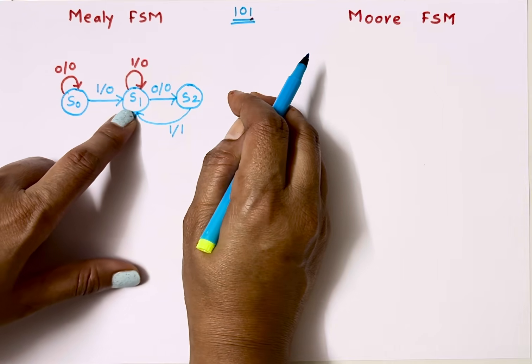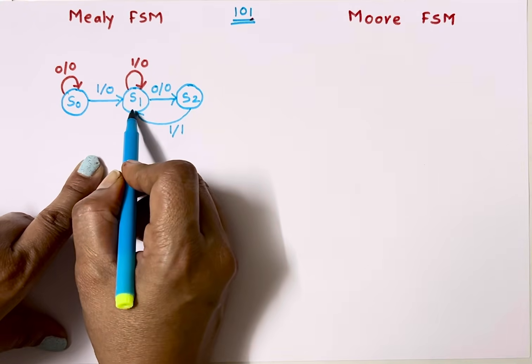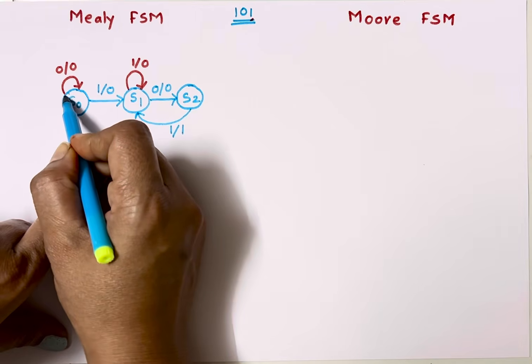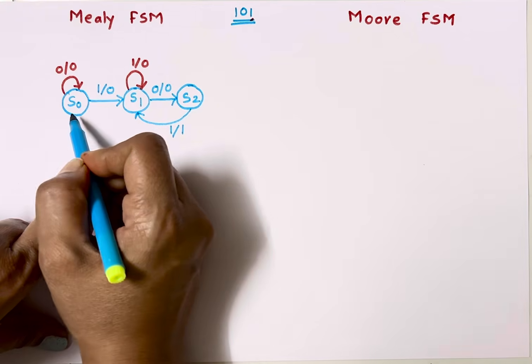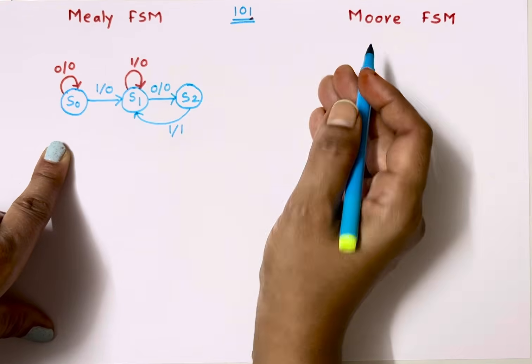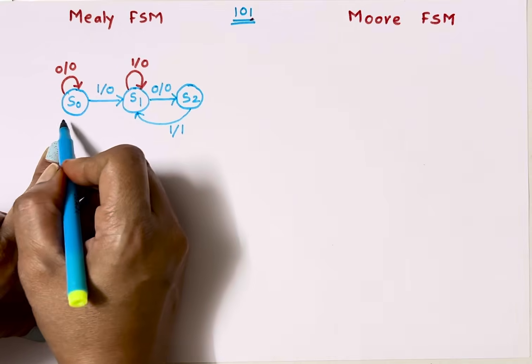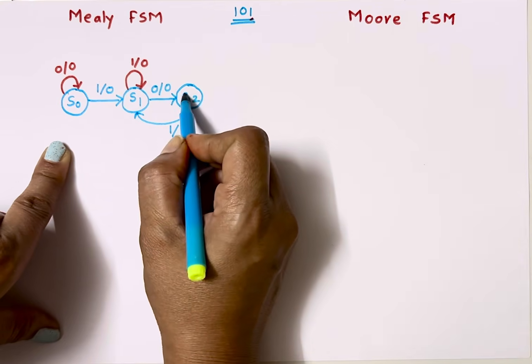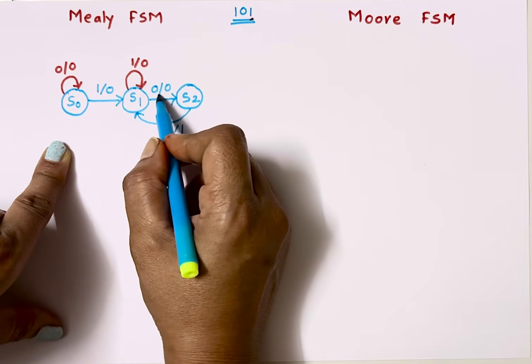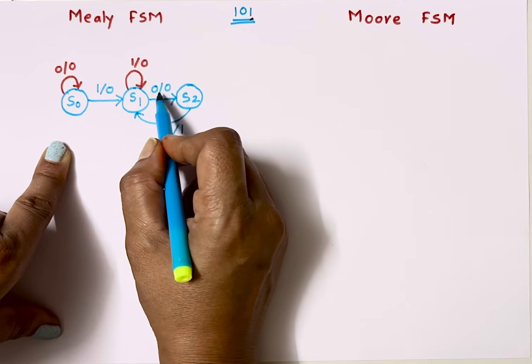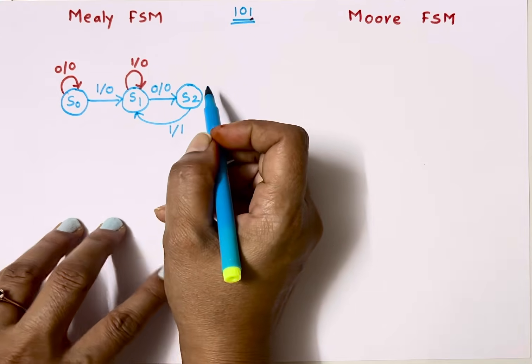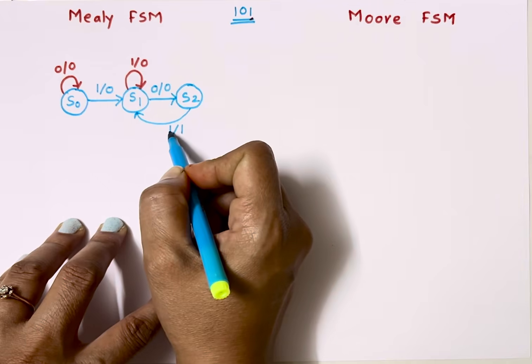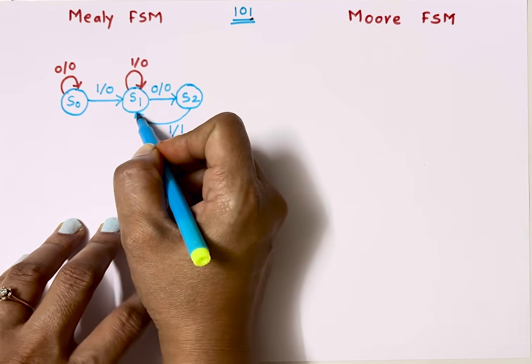It's not like the input is 0 and we can jump to S1. No. Here the transition was when the input was 0. So at any other time, if the input is 0, it will go back to S0 or it will go to S2, because to S2 also the transition was 0.